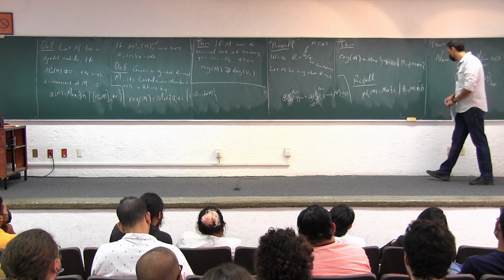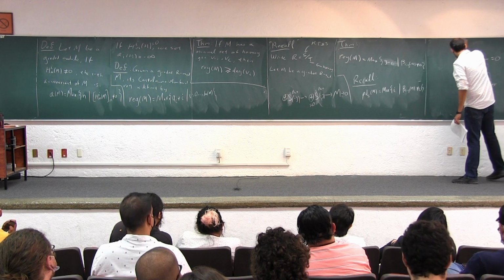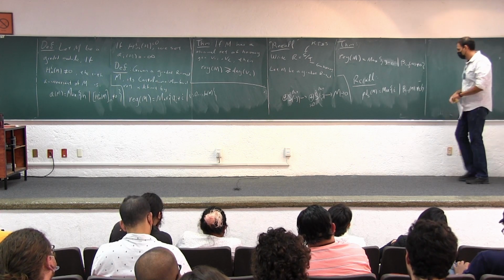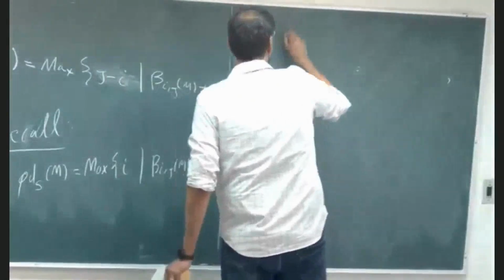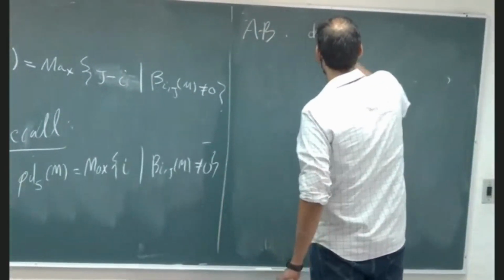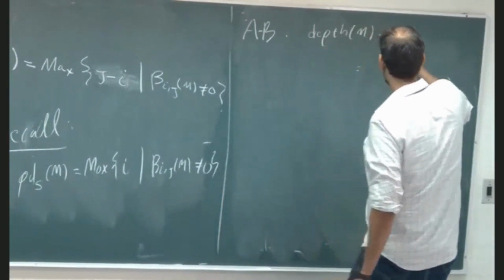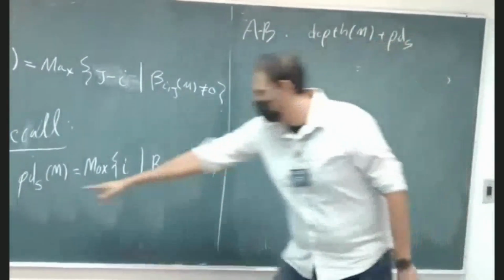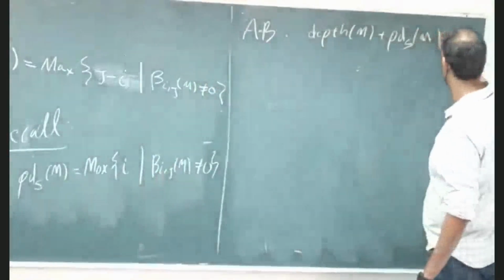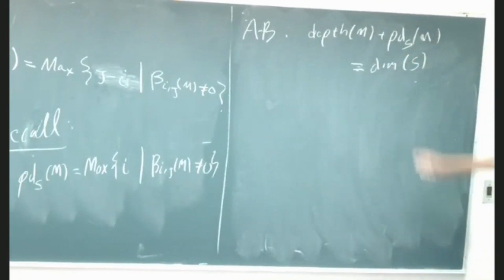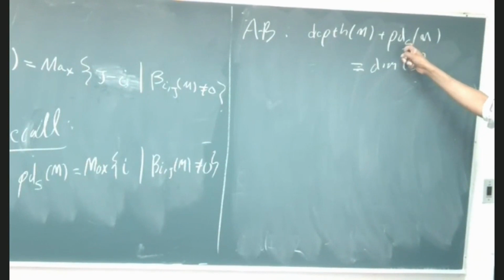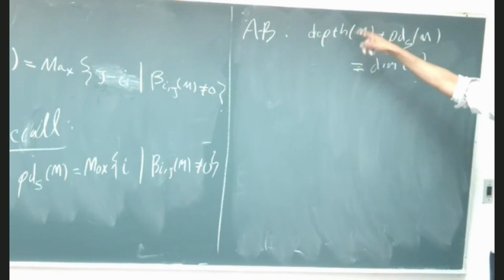And I wanted to recall the Auslander-Buchsbaum theorem, which says that the depth of M plus the projective dimension over S of M is equal to the dimension of S. So the projective dimension will depend on S, on this presentation, but we take the dimension minus that, and then it does not depend on it.